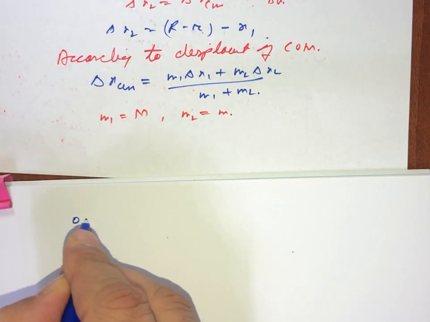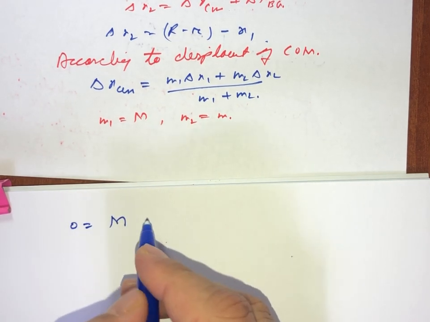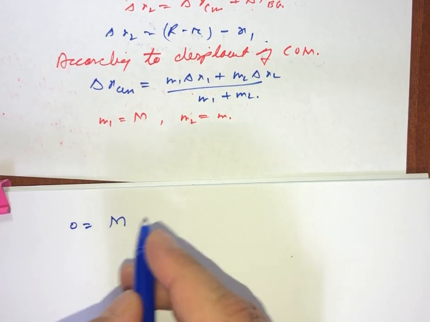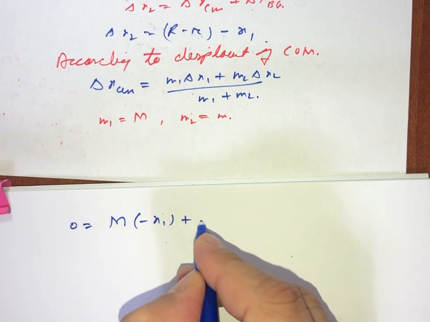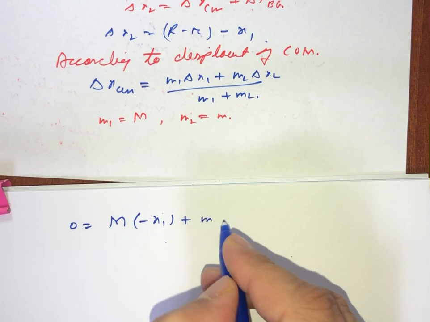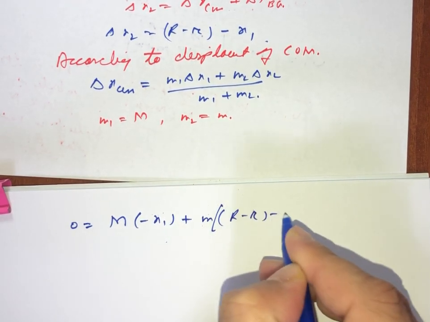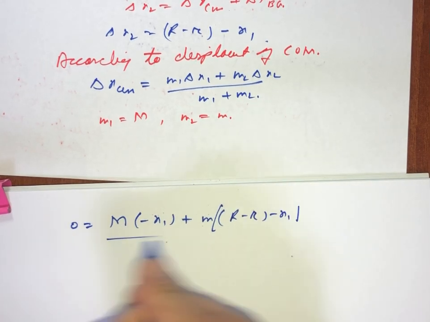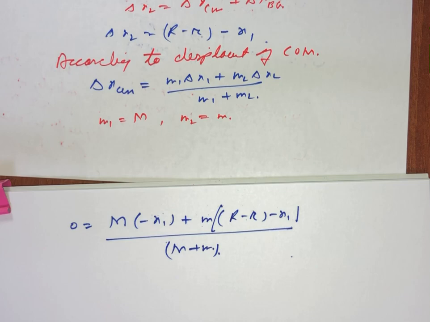So 0 is equal to capital M times delta x1, which is minus x1, plus small m times delta x2, which is (R minus r) minus x1, divided by M plus small m.